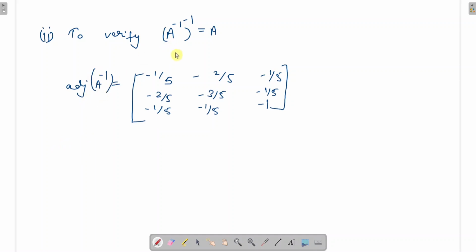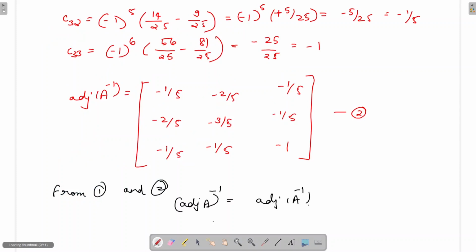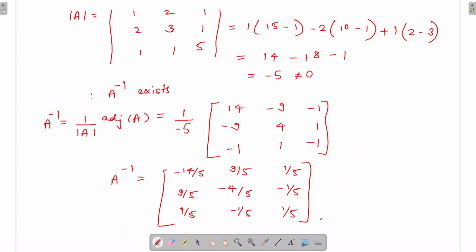So to find A inverse of inverse, you have to look at the formula. A inverse of inverse will be nothing but 1 by determinant of A inverse, times adjoint of A inverse. So what we have to do is find the determinant of A inverse. First, we will find the determinant of A. We have found out the determinant of A, I think. Yeah, here, minus 5.